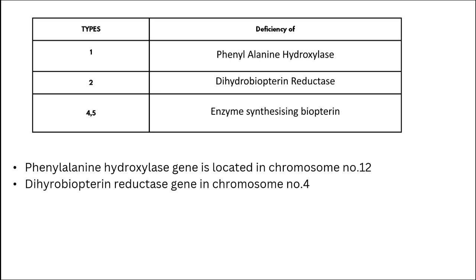Note that there is no type 3. Also, dihydrobiopterin can exist as tetrahydrobiopterin also, where tetra means 4. So it is on chromosome number 4. Also, if we spell out phenylalanine, we will get 13 letters. And so we can connect it with the idea that it belongs to chromosome number 12.